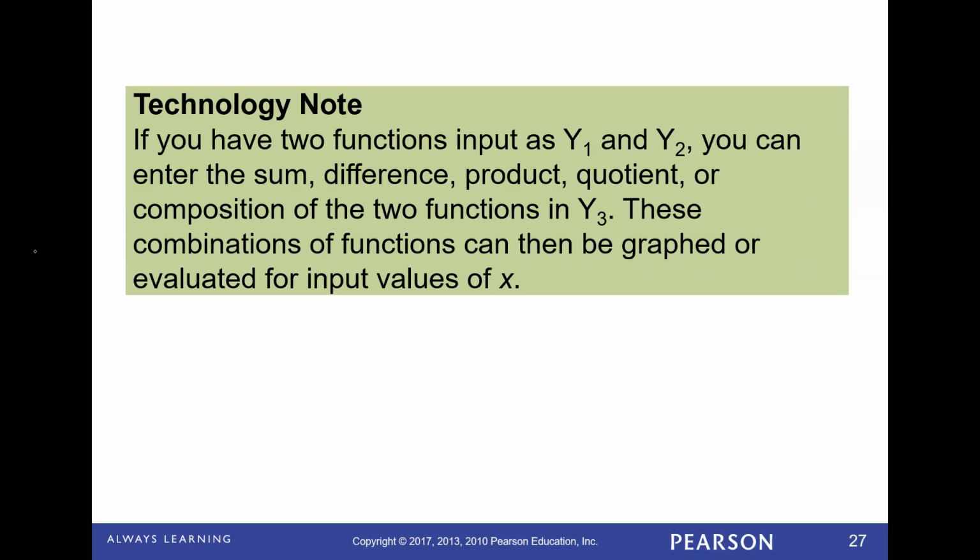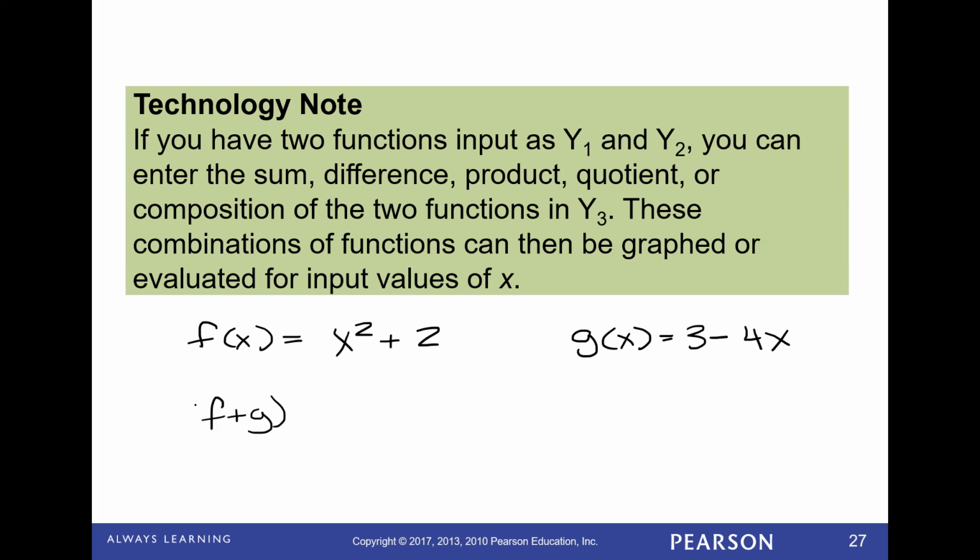So if I were to give you some functions, let's say f of x is going to equal x squared plus 2, and g of x is equal to, say, 3 minus 4x. I can use the calculator to show me what the graph looks like if I were to combine them, but the calculator will not tell me what the addition of these two functions is.